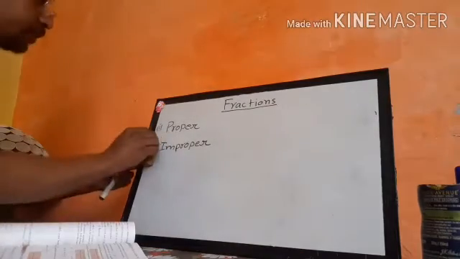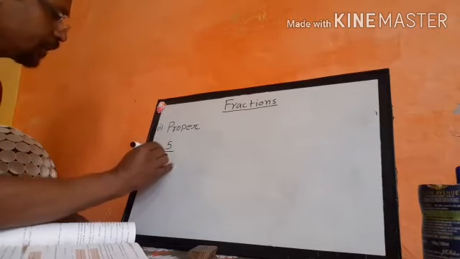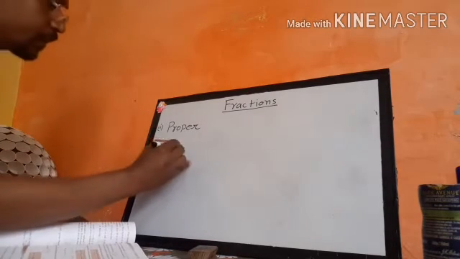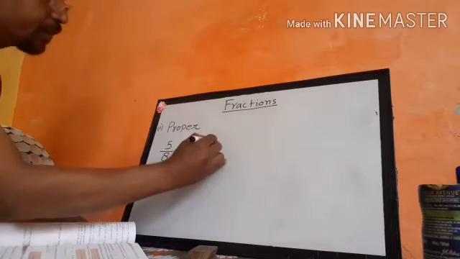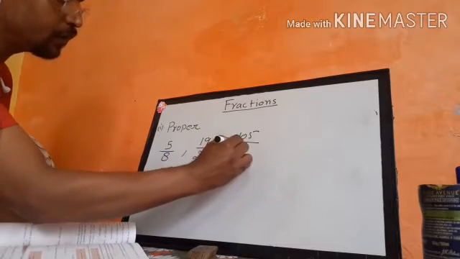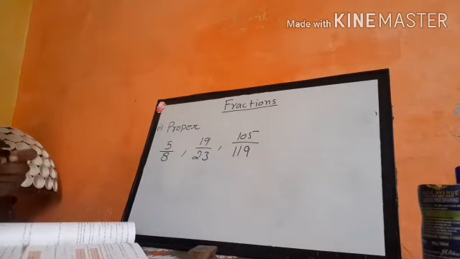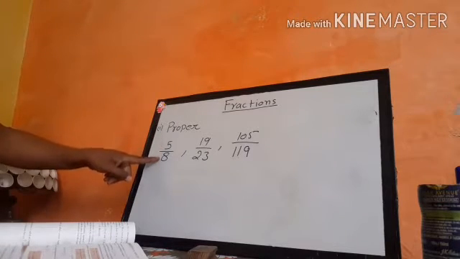For example, here I have written 5 upon 8, 19 upon 23, 105 upon 119. In these examples you can see the numerator 5 is smaller than the denominator 8.